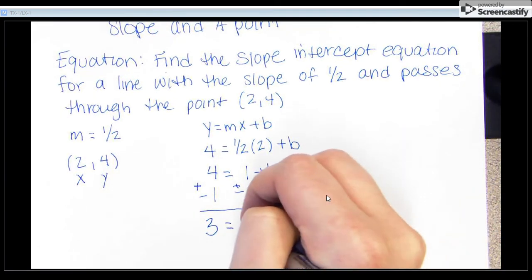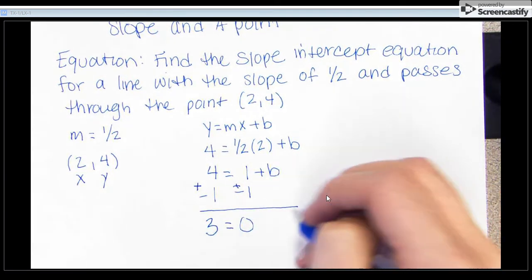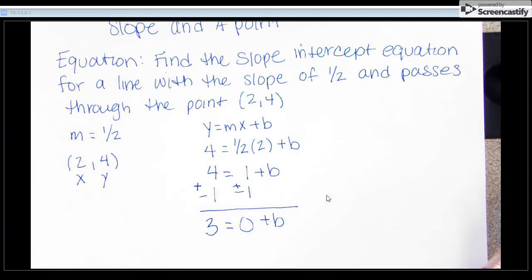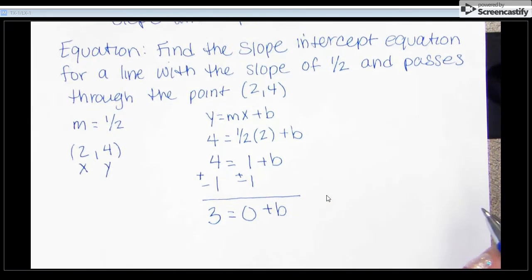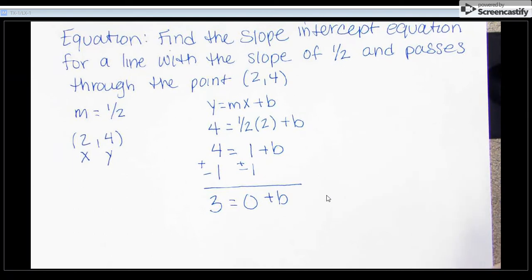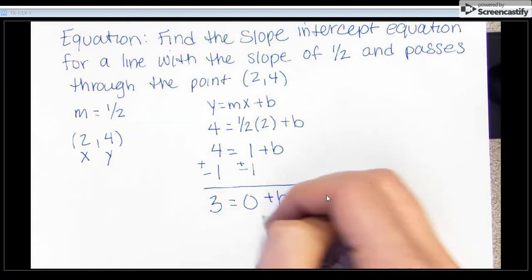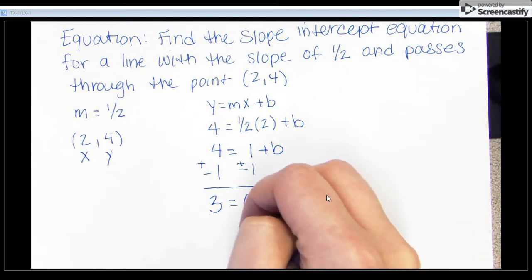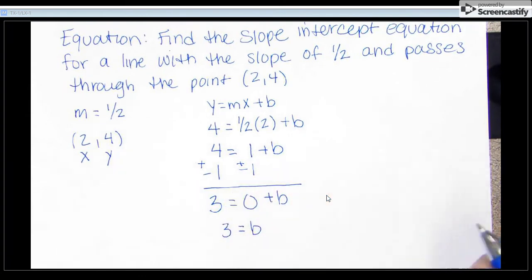And you're going to get 0. Then I didn't do anything with my b, so I'm just bringing it down. Well, I know that anything added to 0 is just going to be itself. So I'm just going to keep it as b and have that equal to my value, which is 3.